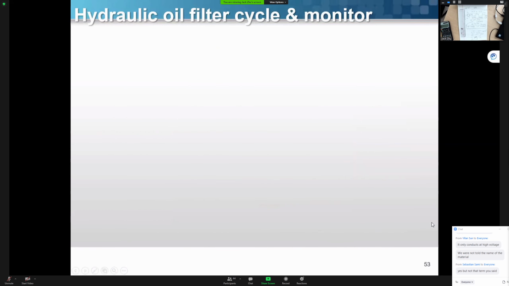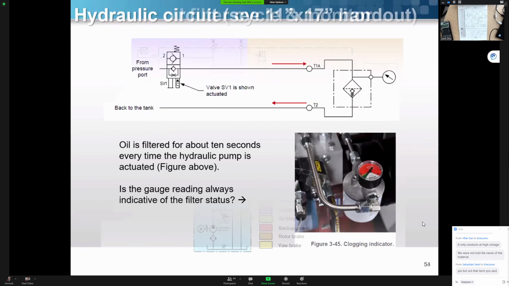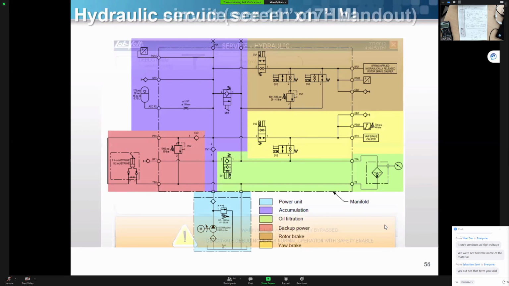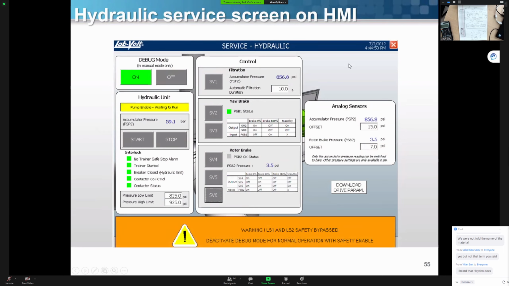Now those things you don't have to know. Anyone want to take the version F exam? You need to know this hydraulic circuit. So this is on the screen.